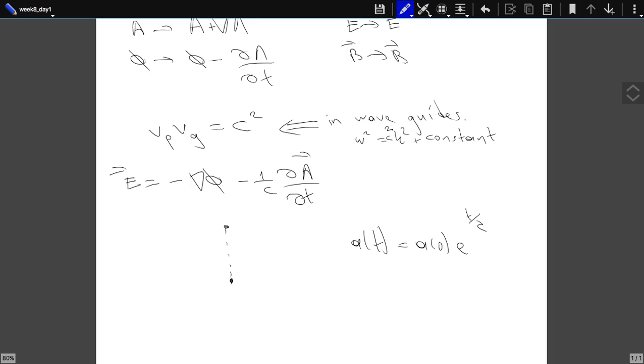Hocam, envelope elde etmek için waveguide'a mı ihtiyacımız var yoksa vakumda da envelope oluşur? Come here. Hold it. Yes. This is the envelope that you see. It's not a harmonic wave.